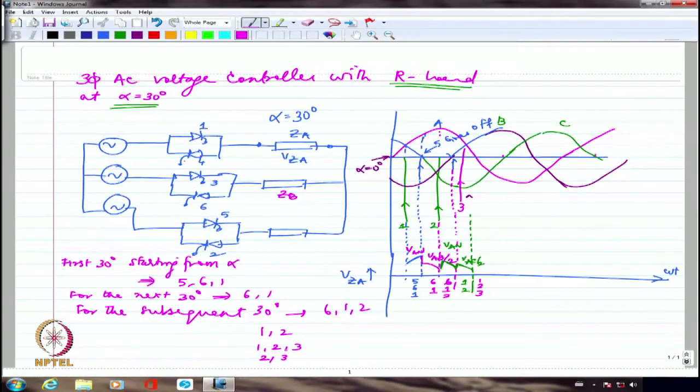Right? When 2 and 3 are conducting, there is no A phase voltage. A phase will not carry any current. A phase load will not carry any current. So here there is no current through A phase.